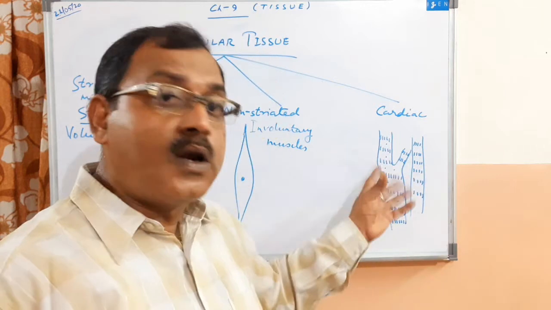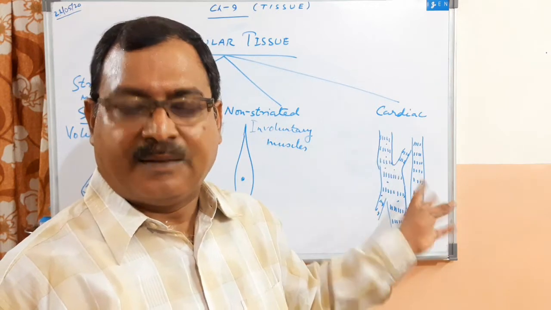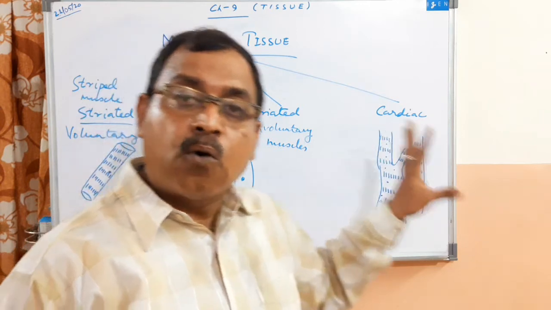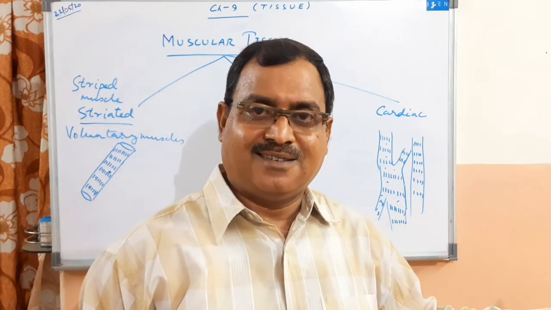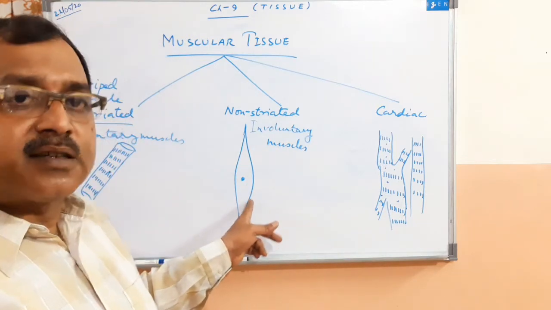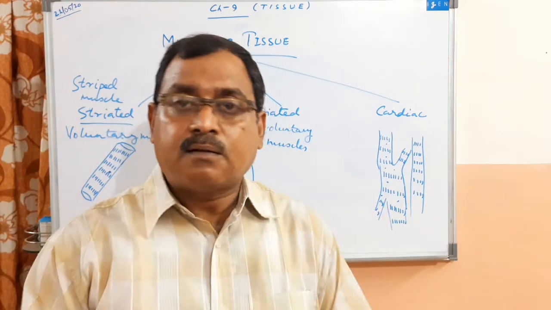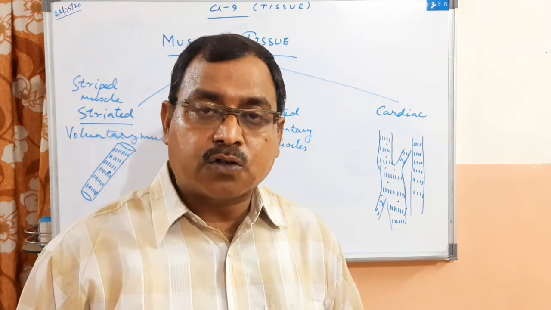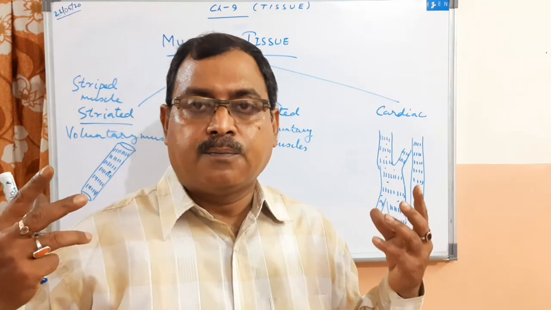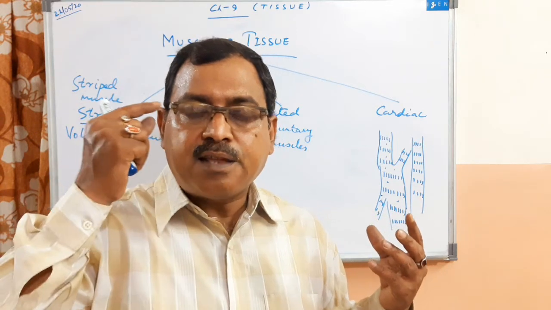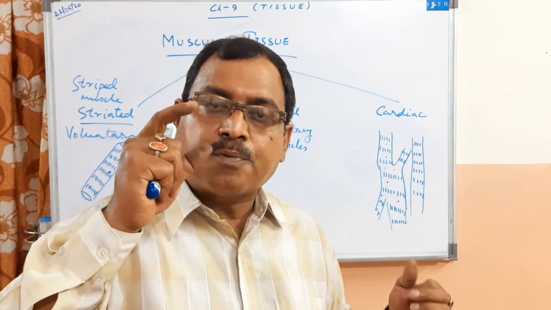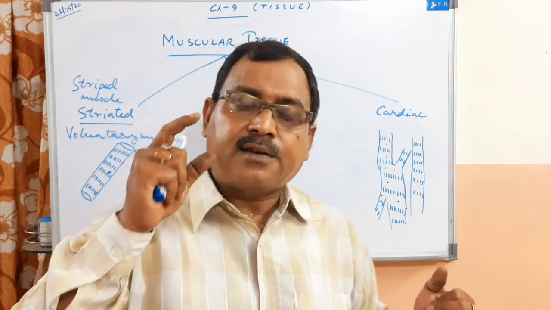It is present only in the heart. That is why it is called cardiac. Cardiac muscle is found only in the heart. Whereas involuntary muscles are present, as I told you, in the walls of the intestine, the walls of the stomach, in the iris, in the ciliary muscles of the eyes, which hold the lens in position, right?